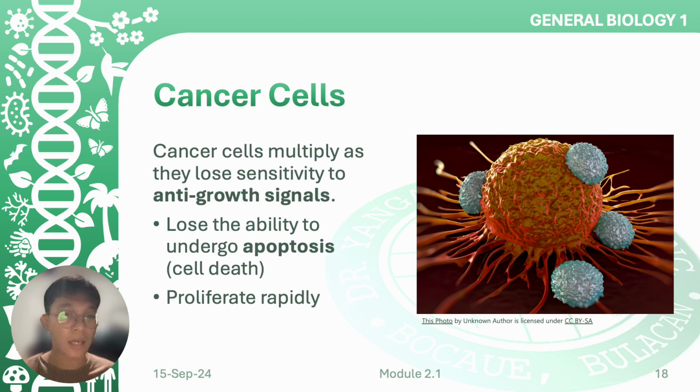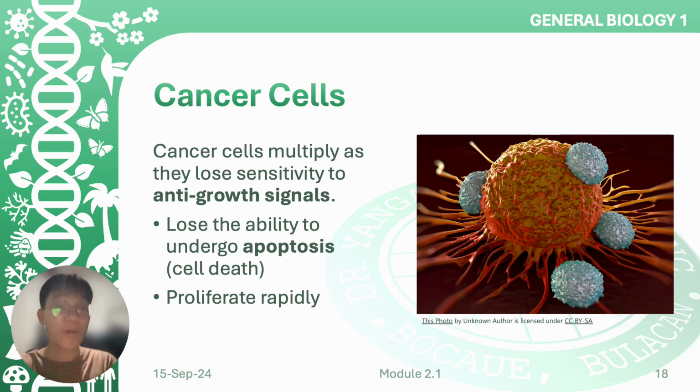And another interesting characteristic of cancer cells is that they tend to multiply very rapidly. This is because they lose their sensitivity to anti-growth signals. That is the regulation process of the cell itself. That regulation process is anchored on the DNA of the cell. And when that regulation has been destroyed because of mutations, what happens?